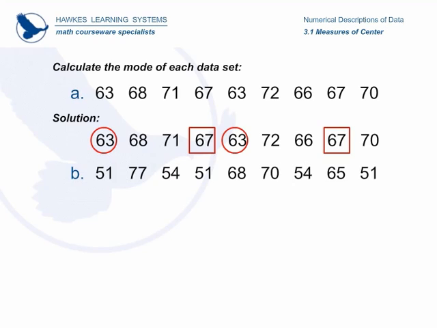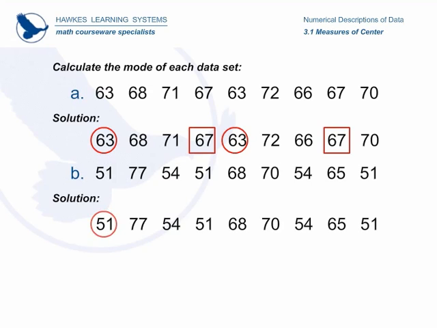Let's take a look at another example. Now we have a data set value of 51, 77, 54, 51, 68, 70, 54, 65, and 51. For our solution, we take a look to see which value occurs most frequently, and that is our mode.